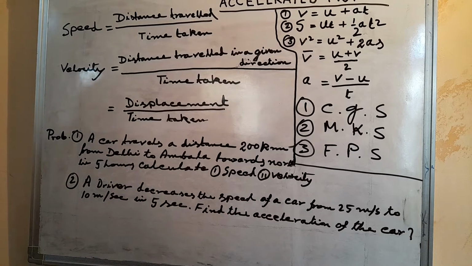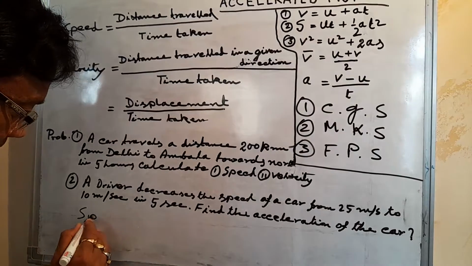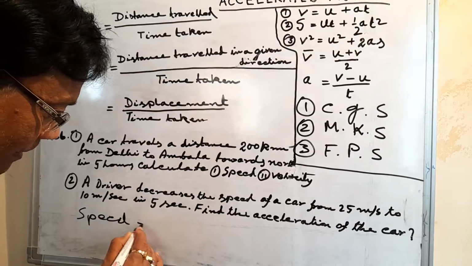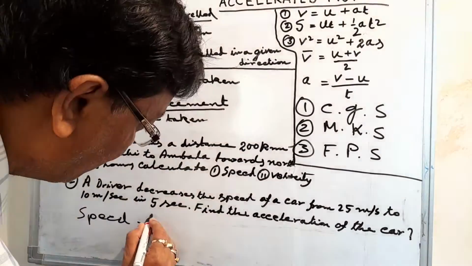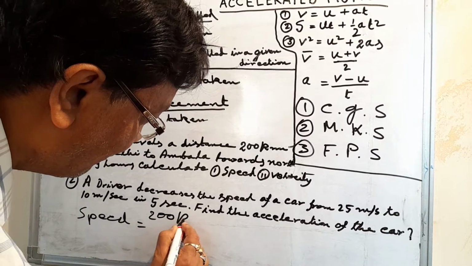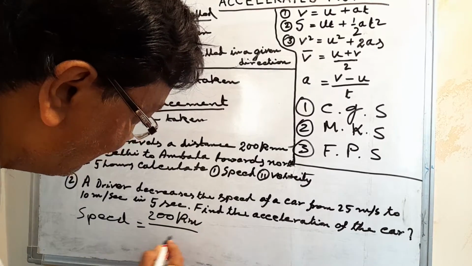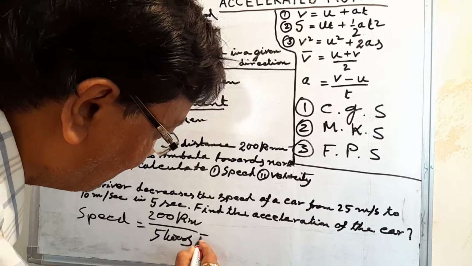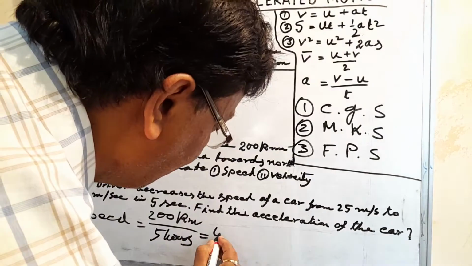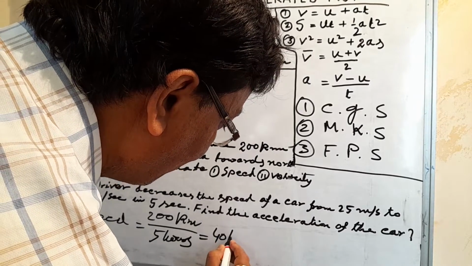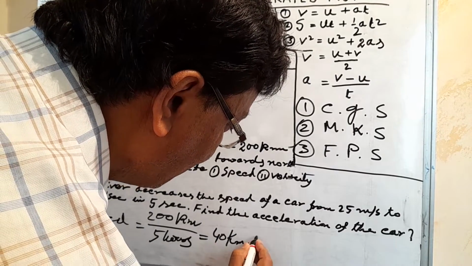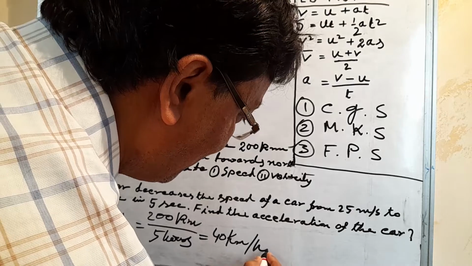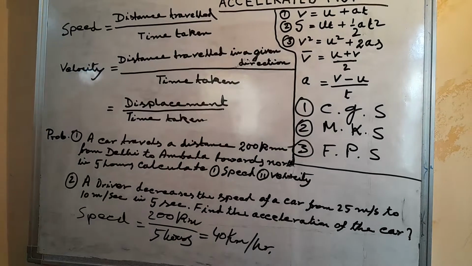So speed will be 200 km divided by 5 hours, which is equal to 40 km per hour. This is the speed.